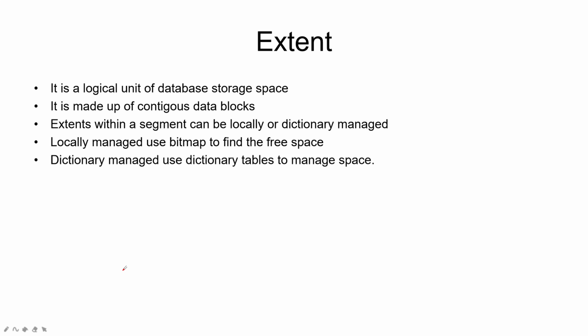If the initial segment allocated gets full, then Oracle allocates an incremental extent of the segment. Right. So how are these things managed, right? How does Oracle see that the space is used up or this is free?